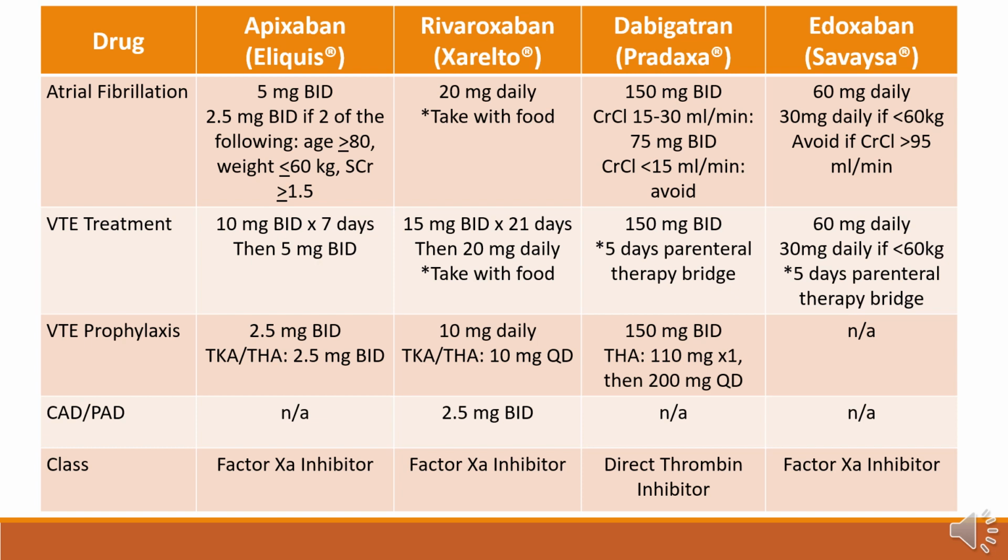So a patient that is 80 or older, or has a weight of 60 kilograms or less, and or a serum creatinine of 1.5 or greater, if you meet 2 of those 3, that's when you use a lower dose. So a patient that is 83 with a serum creatinine of 2, use the 2.5 milligram twice daily if they have AFib.